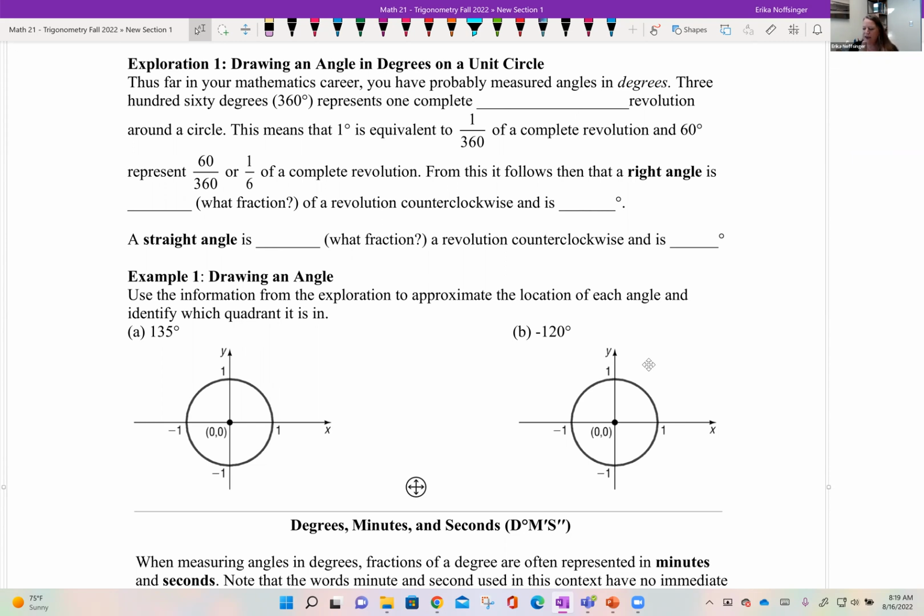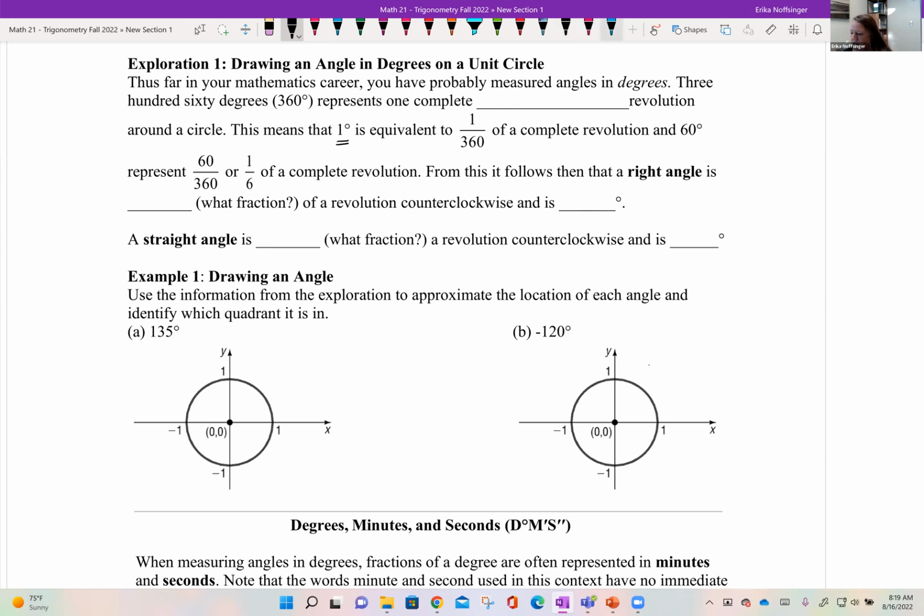That's one blank around a circle. I didn't understand what they wanted there. So this means that 1 degree is equivalent to 1 over 360 of a complete revolution.